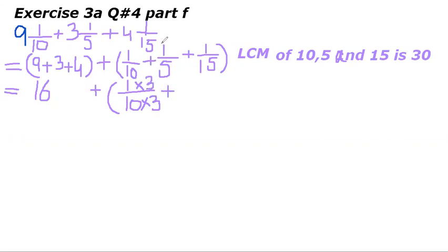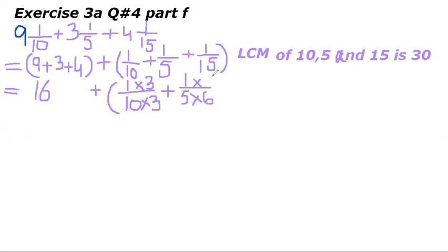Plus 1 upon 5. 5 how many times gives us 30? 6 times. 5 times 6 is equal to 30.